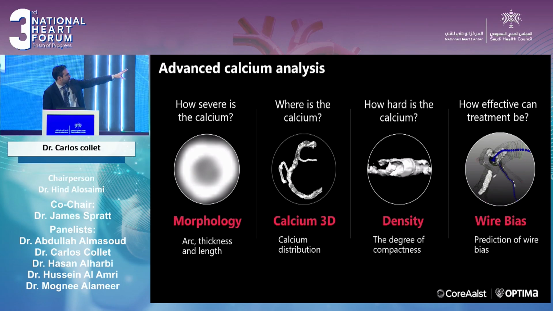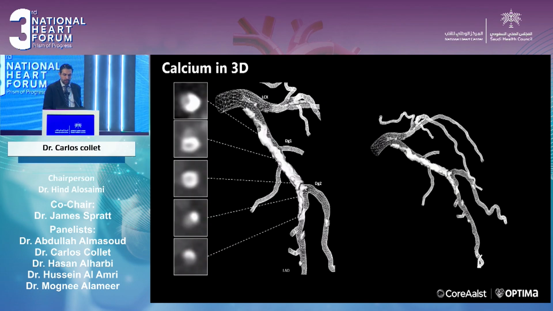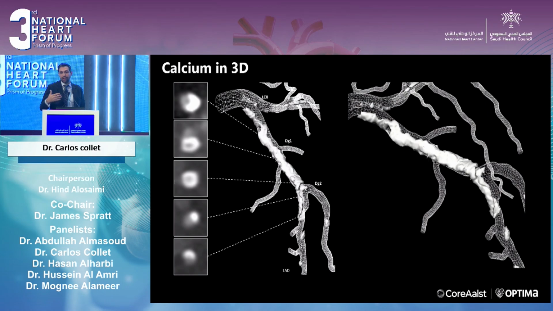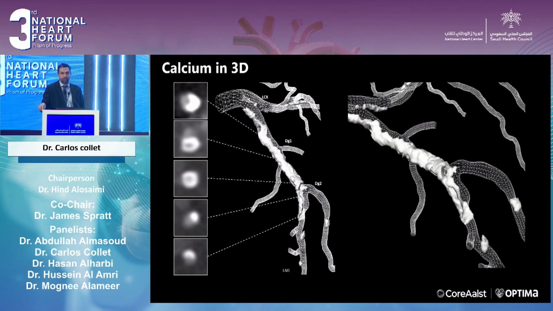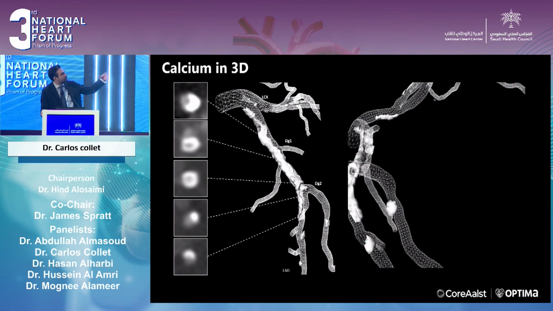Of course, you can look at morphology, as I already showed you, but we can start looking at calcium in 3D. For the first time, we can measure how hard the calcium is by looking at the density. I will show you how that works. This is what we are getting from the reconstructions, and you're going to see this in the live case afterwards, where we're able to see the calcium in 3D.